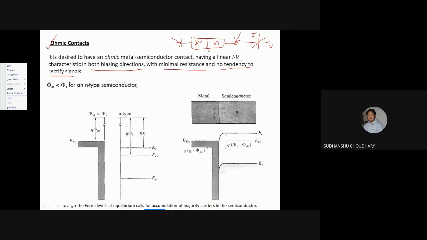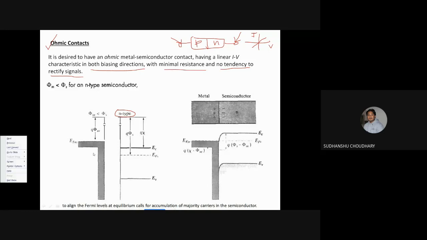Now, how can these ohmic contacts be achieved? Again, we consider the N-type semiconductor over here and a metal. Now, to achieve an ohmic contact, you need to ensure that the work function of the metal is less than the work function of the semiconductor for a metal and N-type semiconductor contact.